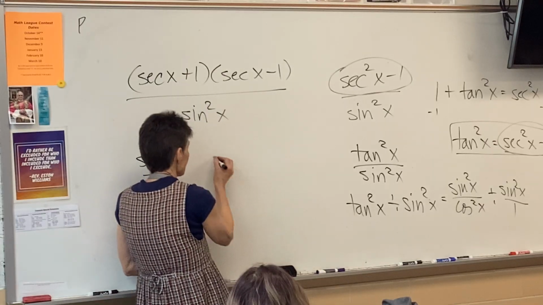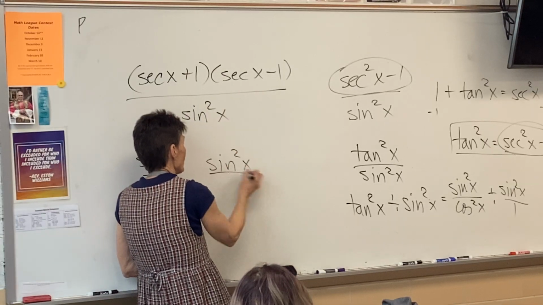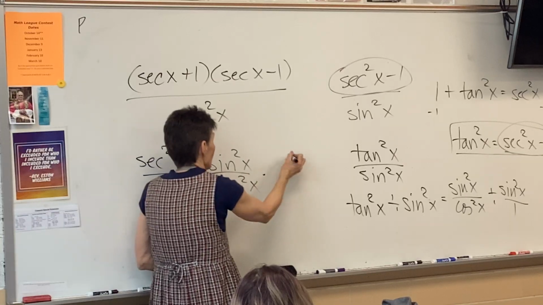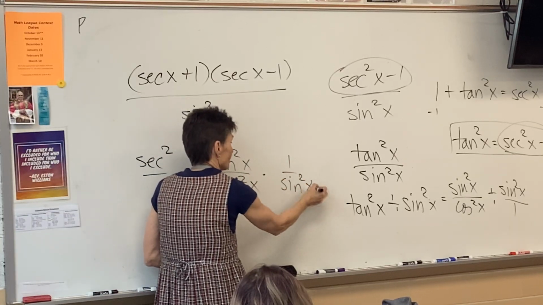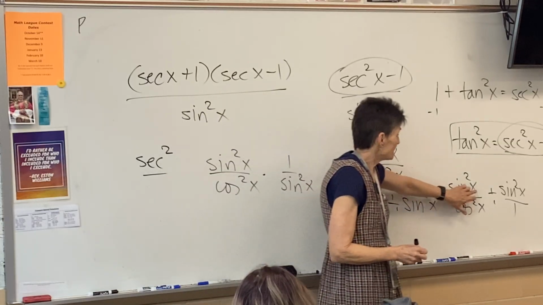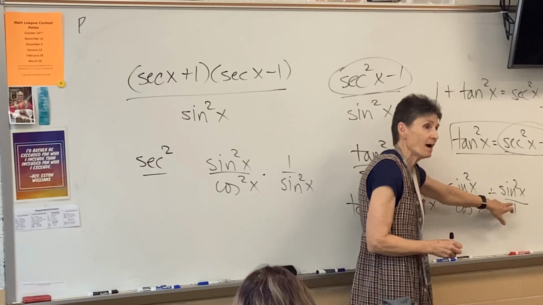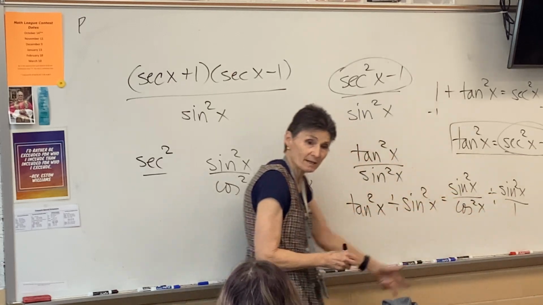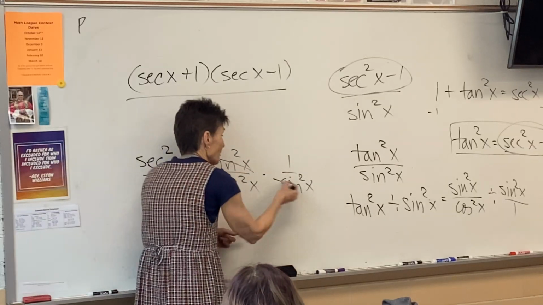So I'm going to take sine squared over cosine squared and keep, change, flip: 1 over sine squared. So I have my tangent right here divided by my sine. So I'm going to keep, change, flip that. And these are going to cancel.